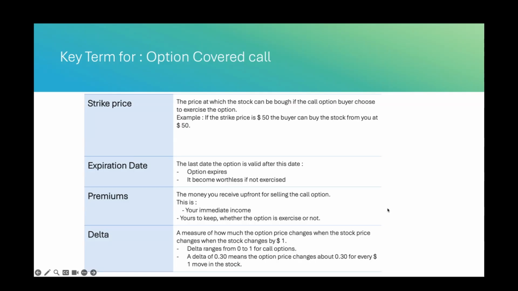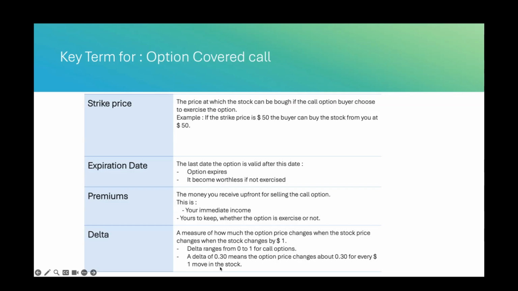Delta is a measure of how much the option price changes when the stock price changes by $1. Delta ranges from 0 to 1 for a call option. A delta of 0.30 means the option price changes about $0.30 for every dollar move in the stock.